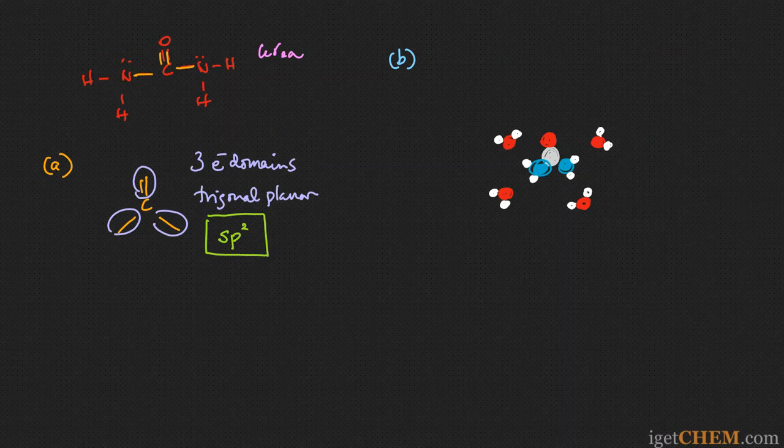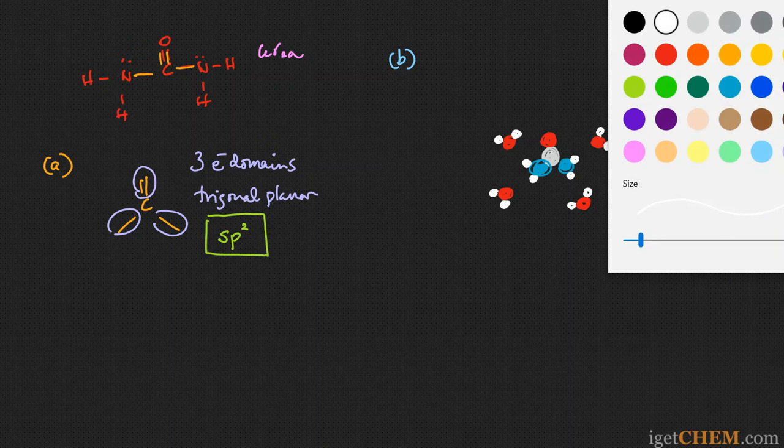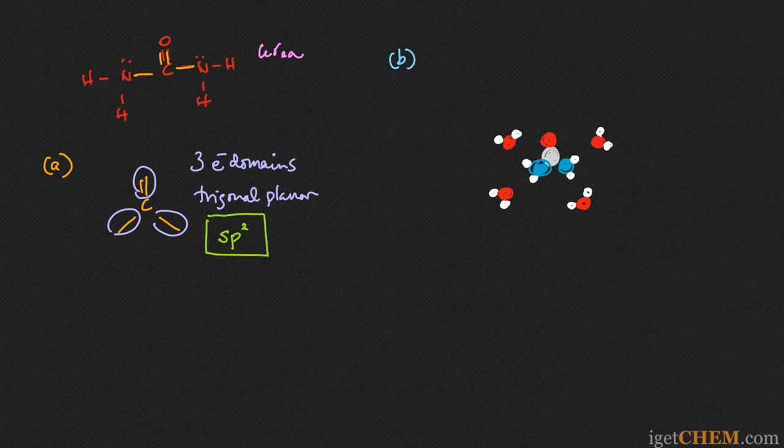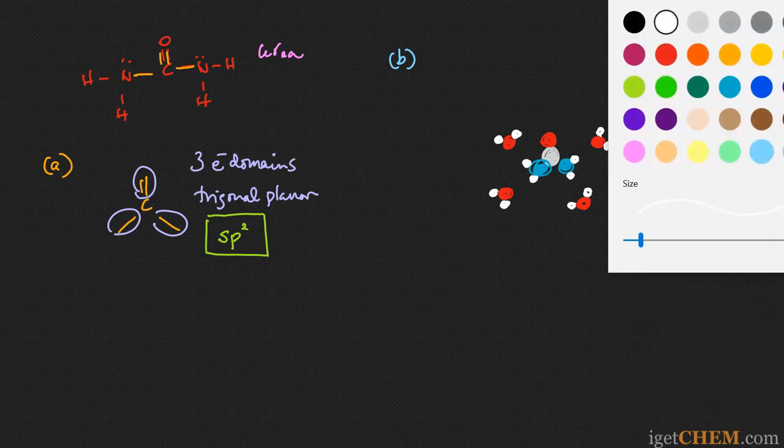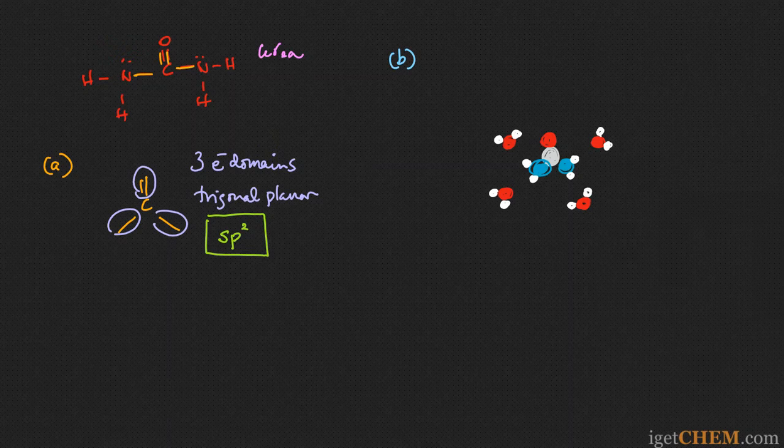In order to form a hydrogen bond, you must have two molecules. On one of them you must have an O or an N that has a lone pair available on that atom, and the other molecule making a hydrogen bond to that must have either an OH bond, an NH bond, or an HF bond.